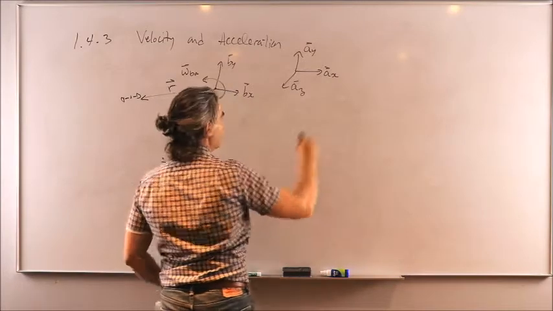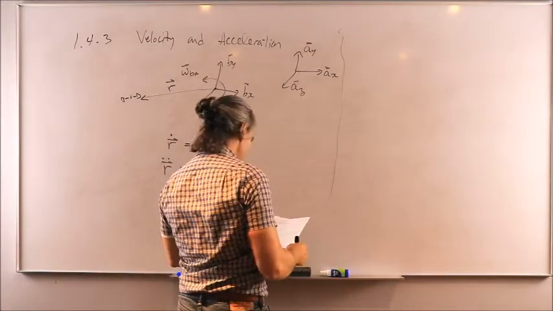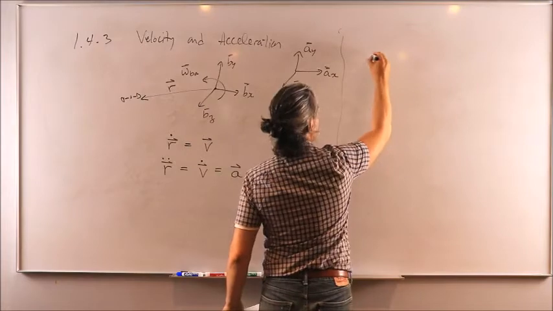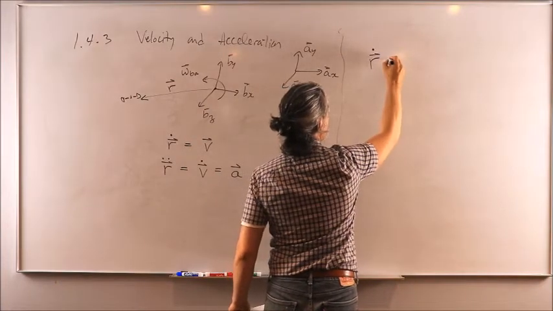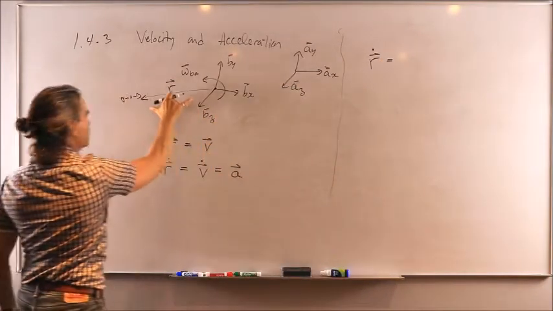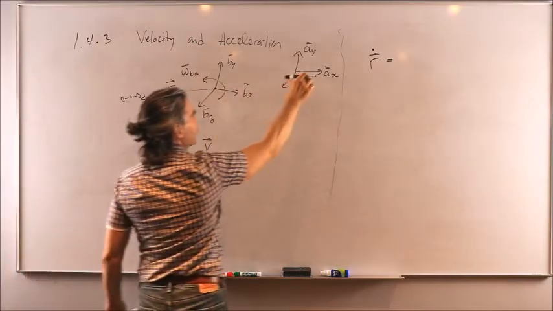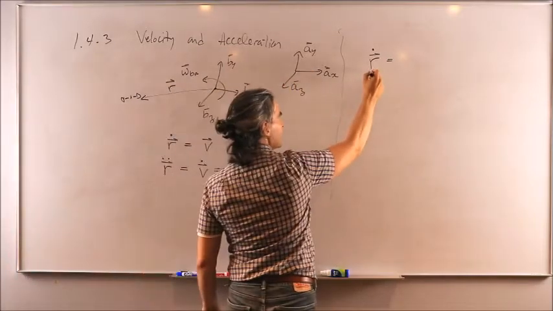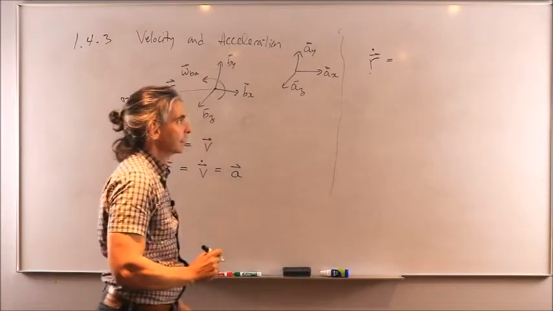We have all the tools to do it properly. So in terms of the inertial velocity, or the rate of change of this vector seen from that inertial perspective, this is what our solid dot means.